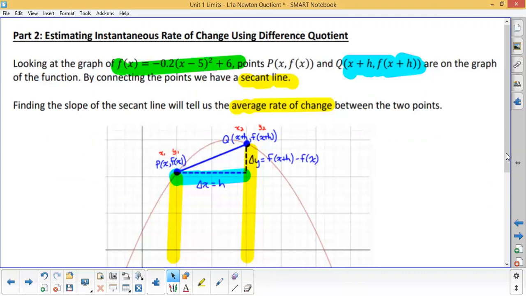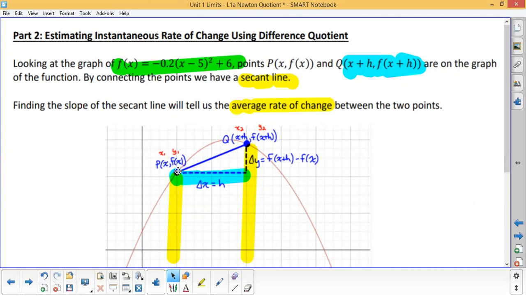Okay, so we're going to look at a particular example. It's a quadratic equation in vertex form. And instead of my x and my y, we're taking a range. We're starting at a particular x and taking an interval of what we're going to call h.